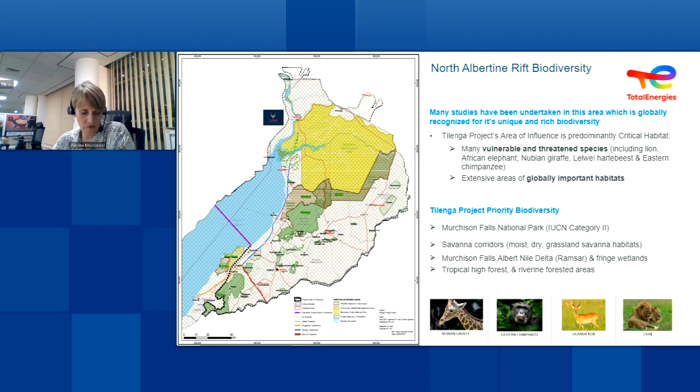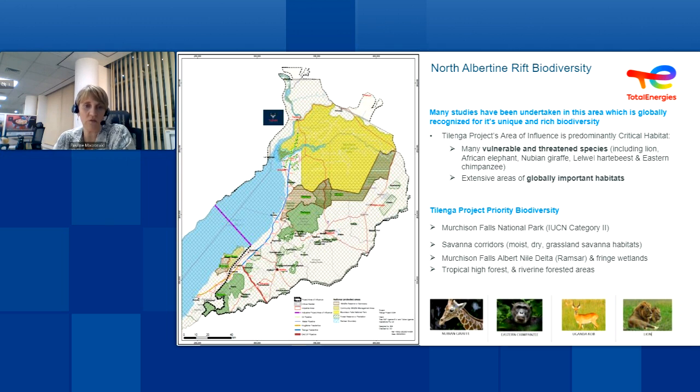So in terms of defining the scope of the BAP, and particularly the criteria, it was fairly straightforward in our case in that we were working in critical habitat. So we had set out to achieve no net loss to natural habitat and net gain in critical habitat. So we focused on the priority biodiversity, which is Murchison Falls National Park.